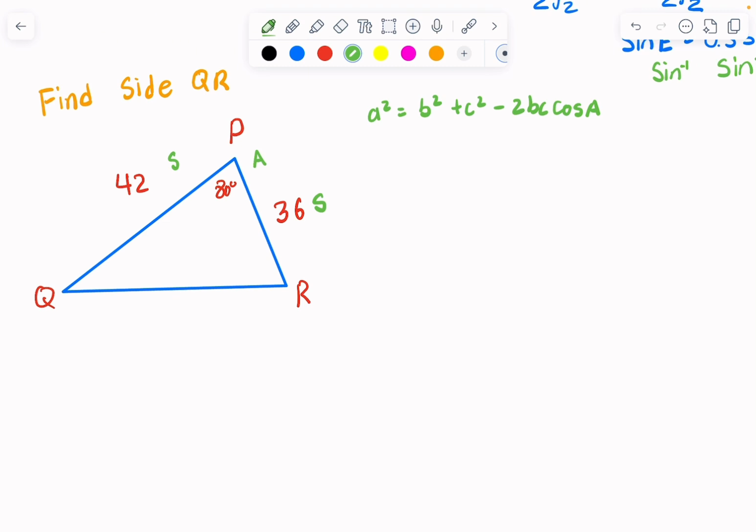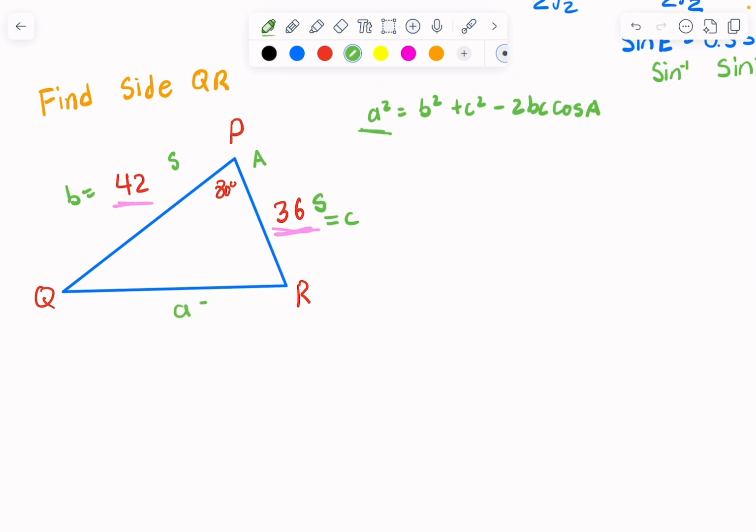So we're going to find QR, and so we're gonna identify what we have. We have here two sides, so we're gonna call this side B, and we're gonna call this side C, because we're looking for A here.